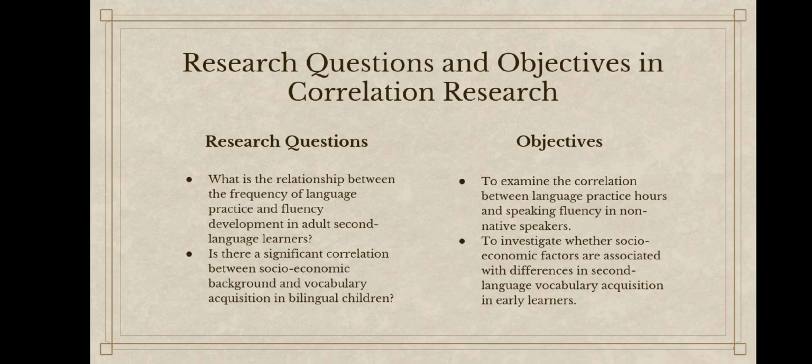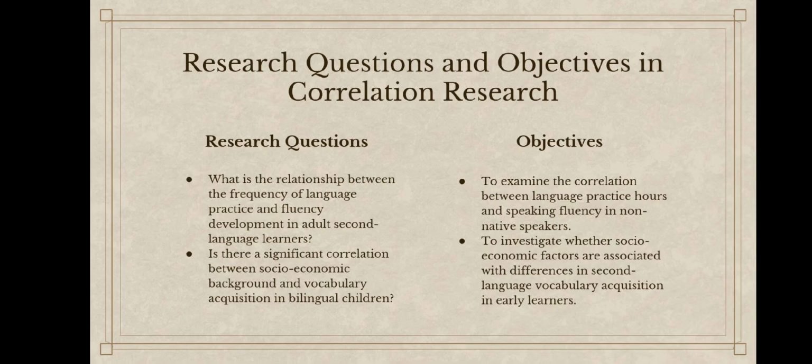Research questions and objectives in correlation research. Research question one: what is the relationship between the frequency of language practice and fluency development in adult second language learners? Two: is there a significant correlation between socio-economic background and vocabulary acquisition in bilingual children?